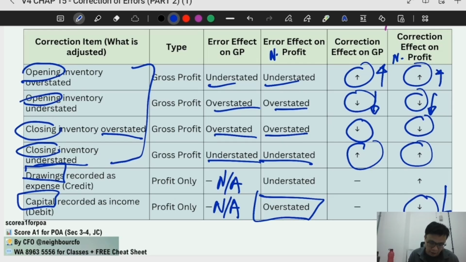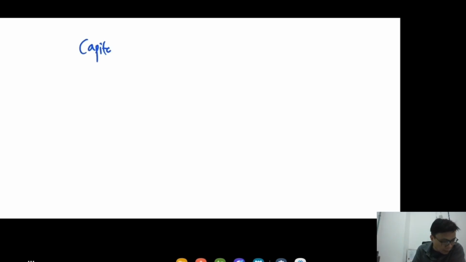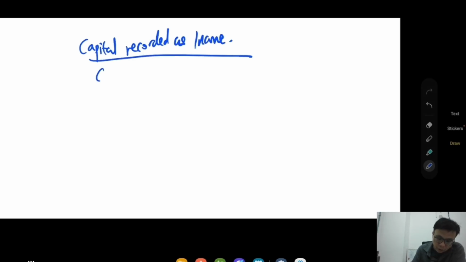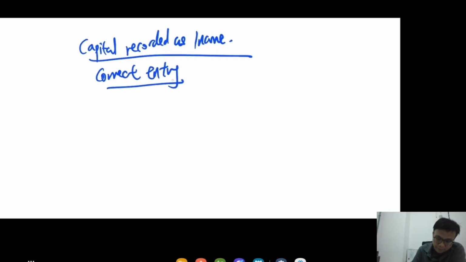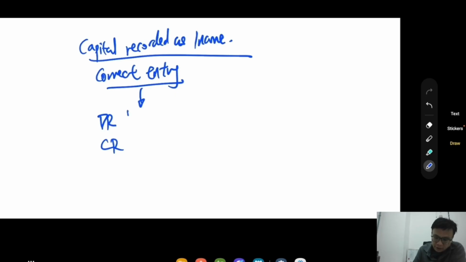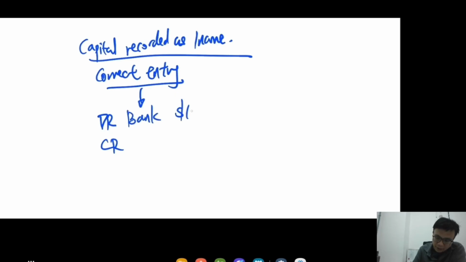So let us now take a look at capital in specific. Capital recorded as income. So under normal circumstances, the correct entry when the sole proprietor injects funds into the business, you debit bank, for example, 10K, and you credit your capital 10K.